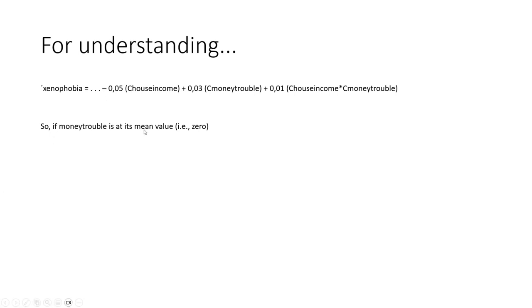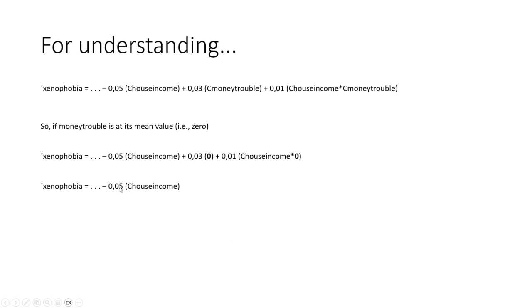If money trouble is at its mean value, that is 0, then we plug in 0 here for money trouble, and 0 here for the interaction term, and we end up with minus 0.5 household income. So this is the effect of household income on xenophobia when money trouble is 0, in other words, when money trouble is at its mean. So this is the main effect of household income.